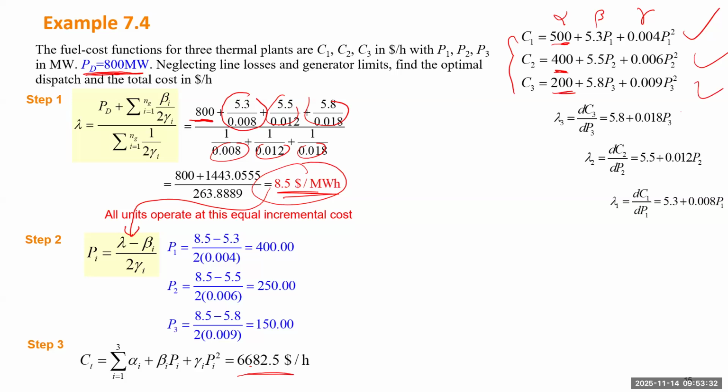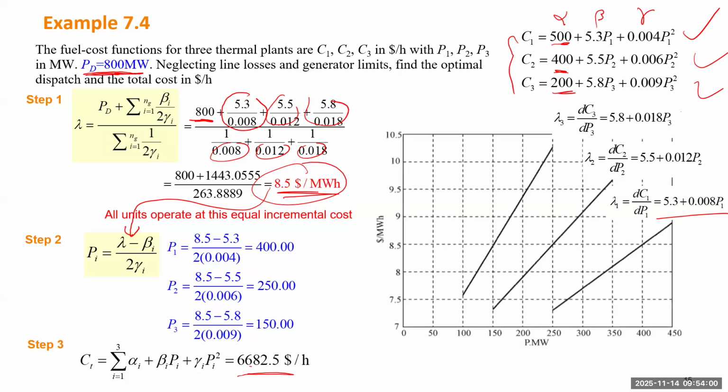If we don't require the 3 units together to provide 800 megawatt power at certain equilibrium condition, and we look into the cost for each individual unit, that's a linear function. Each function tells that if you want to increase output, the price will go up. They all have different price functions. If we visualize those 3 price functions, they will be 3 straight lines in this plot, where X is P, the output of the power, and Y is basically just price.